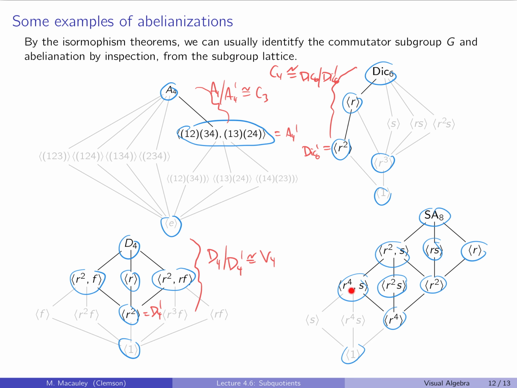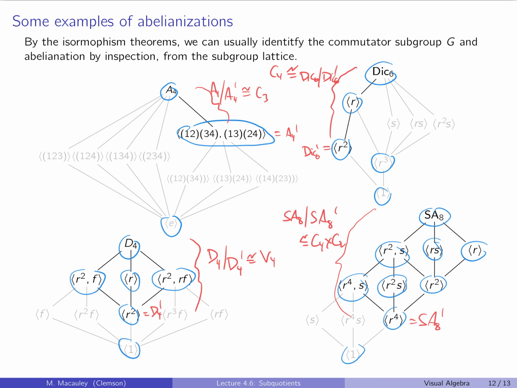Remember what I said, there's a unique minimal one, so if you have two of them, look below, and indeed, this subgroup here is SA8 prime, and this quotient, SA8 mod SA8 prime, is isomorphic to C4 cross C2.